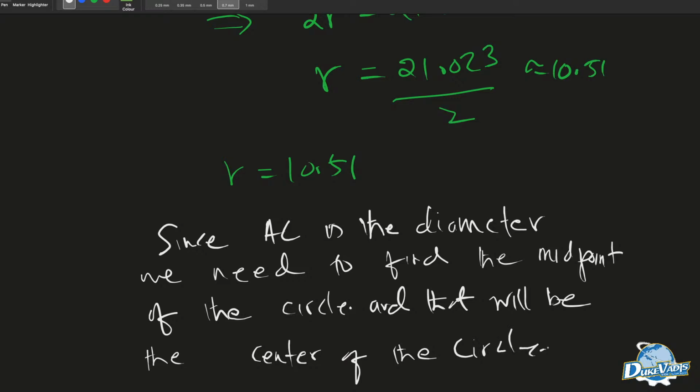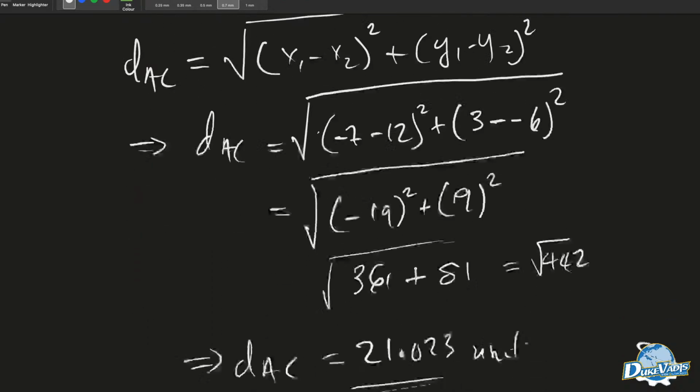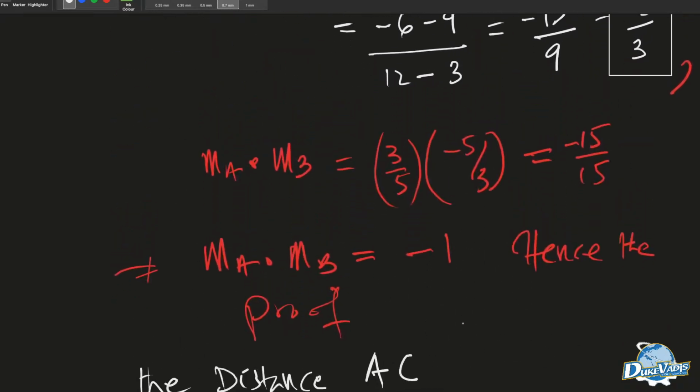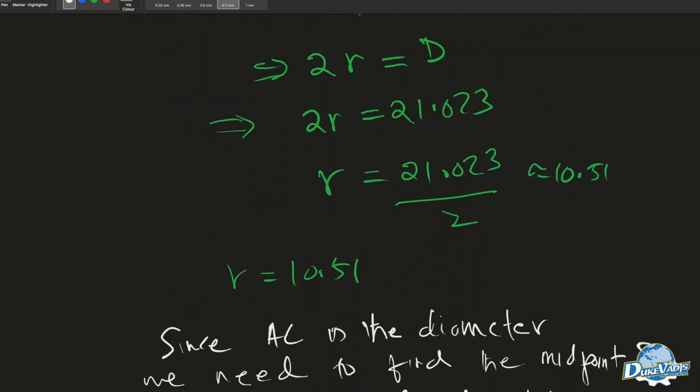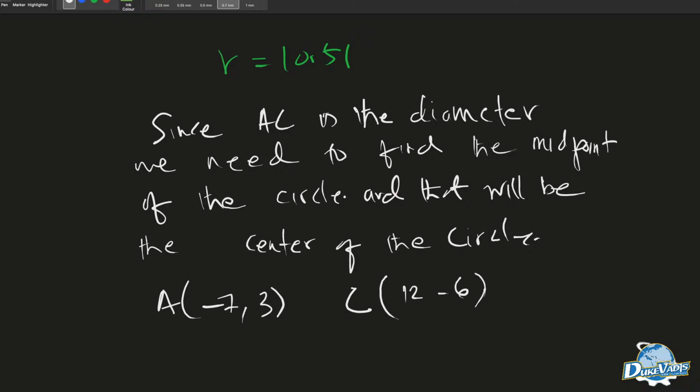So we know the values for A and C. The coordinate of A, which we saw earlier, is (-7, 3), and the coordinate of C, which we saw earlier, is (12, -6). So this one is x1, y1, and this one is x2, y2.